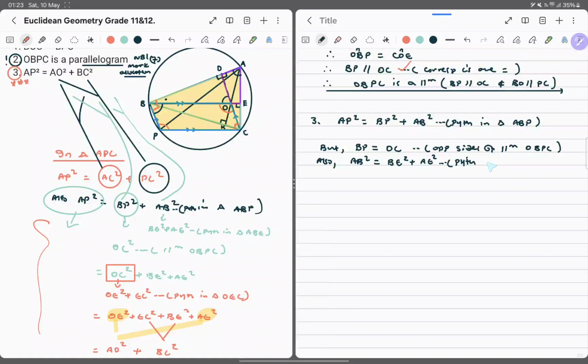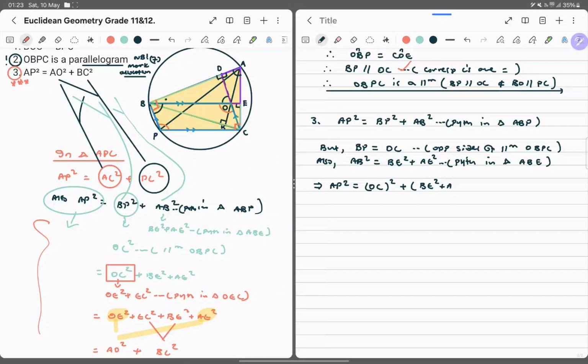Which is Pythagoras theorem in triangle ABE. All right, so we're saying things here. This implies that AP squared is equal to, instead of BP, we're going to write OC all squared, because we just show the substitutions, plus instead of AB squared here, what are we going to write?